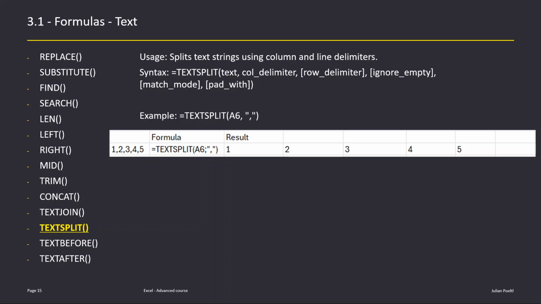For example, here the numbers 1, 2, 3, 4, 5, joined together with a comma, and we use TEXTSPLIT to split them. We'll get the numbers 1, 2, 3, 4, 5 formatted as text, handed out in different cells.